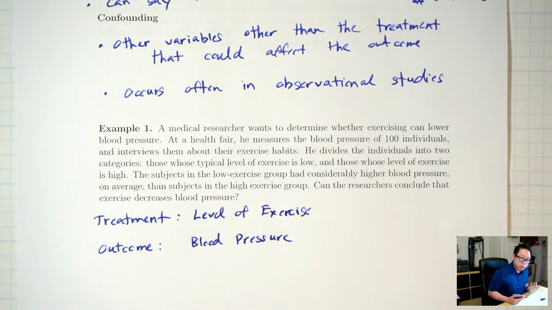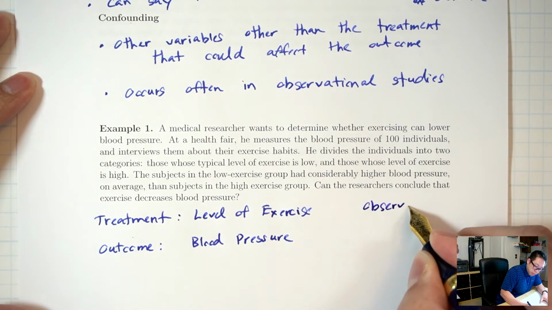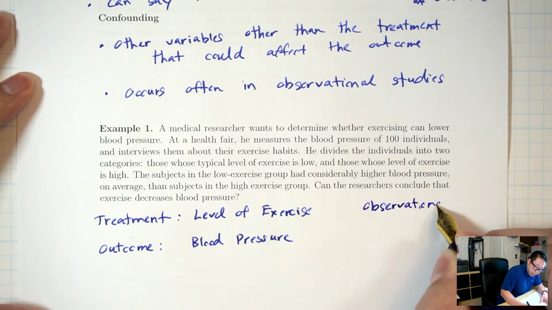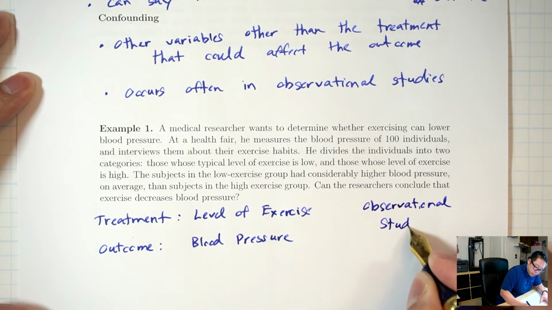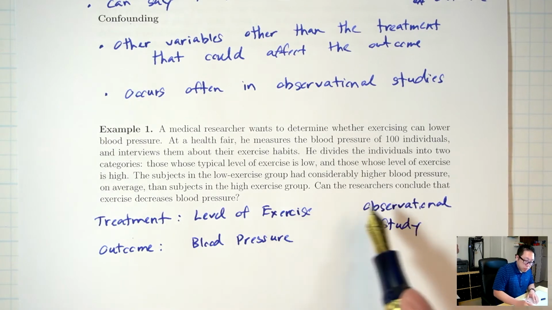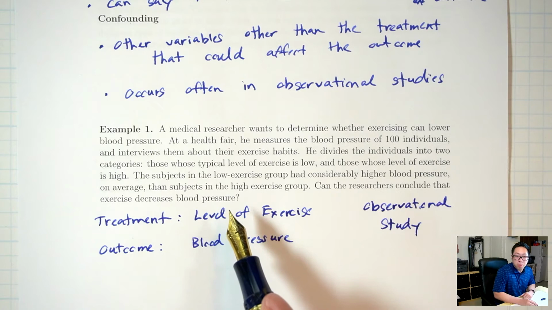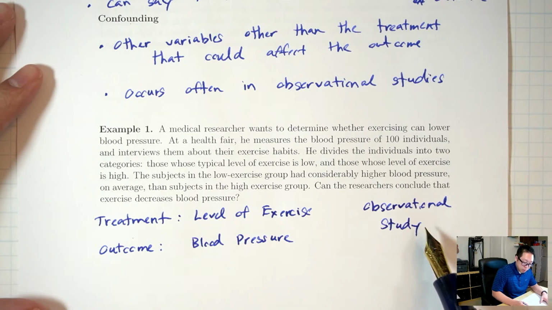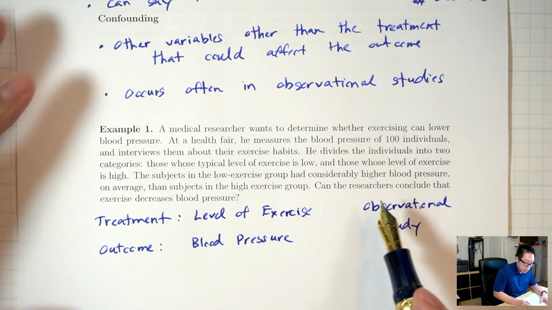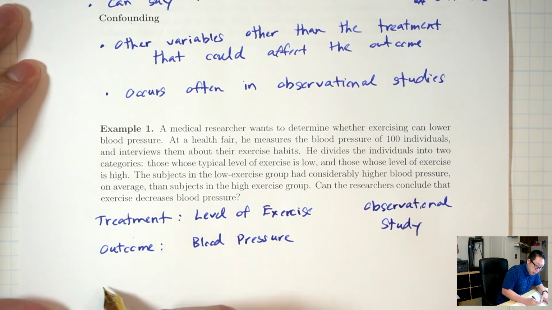So this would be an observational study. Okay, so because it's an observational study, can you conclude that exercise decreases blood pressure? No, right? So because it's an observational study, no, you can't conclude that exercise has an effect on blood pressure. So this is a no.